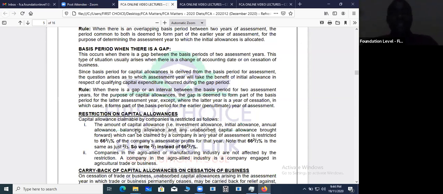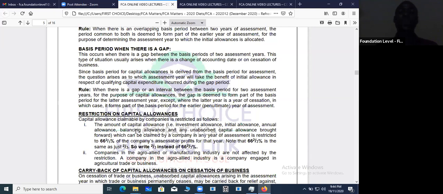Okay, but what if you bought an asset on September 1? That means that asset does not belong in any basis period, does not belong to any year of assessment. How do you handle that? The law says, whenever there is a gap, that gap is seen to form part of the later period.